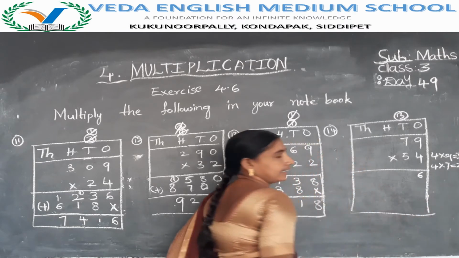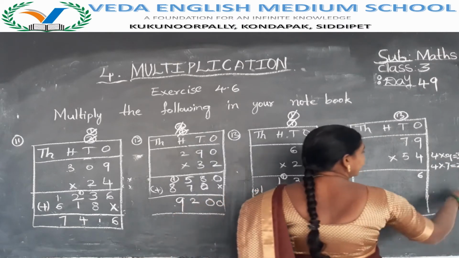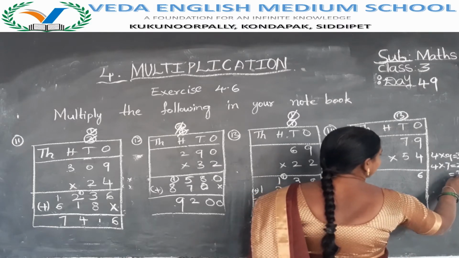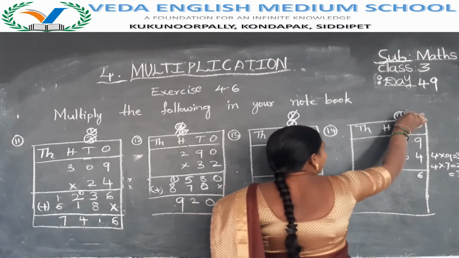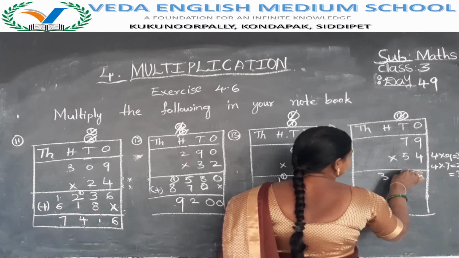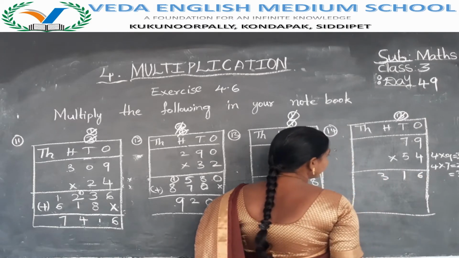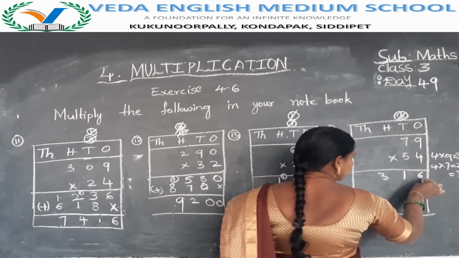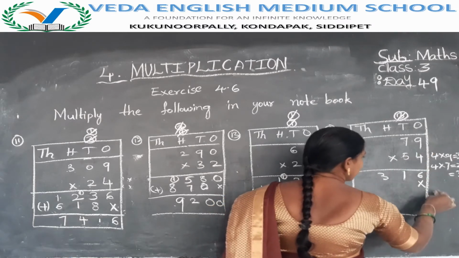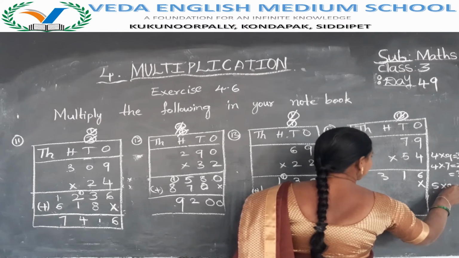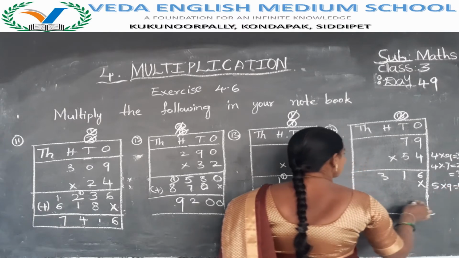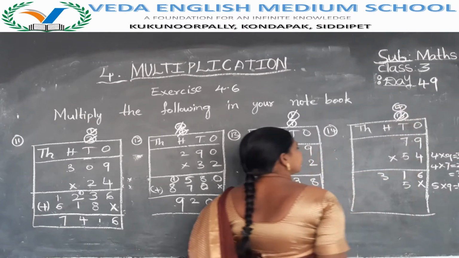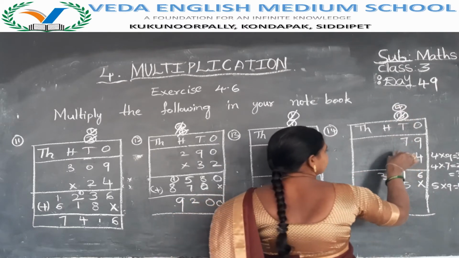But how much is the carry? 3. So 28 plus 3 is 31. So 31 here. Next, the tens digit 5: 5 into 9. 5 nines are 45. So write here 5 and carry 4 to the tens place. Okay. 5 into 7.